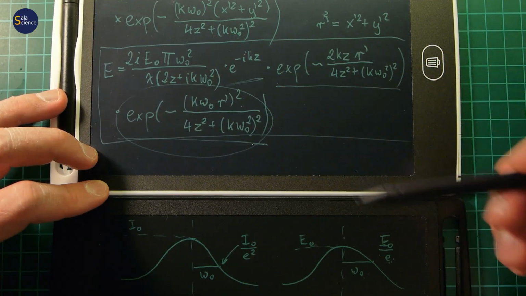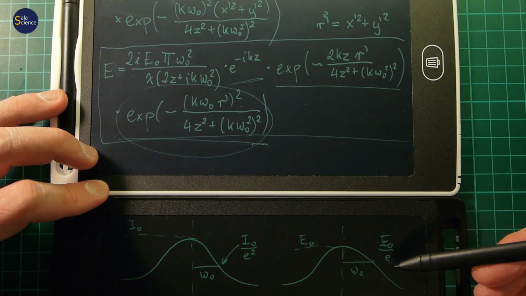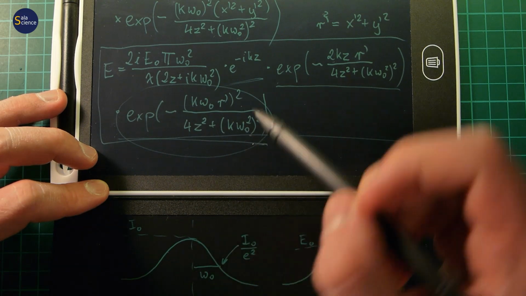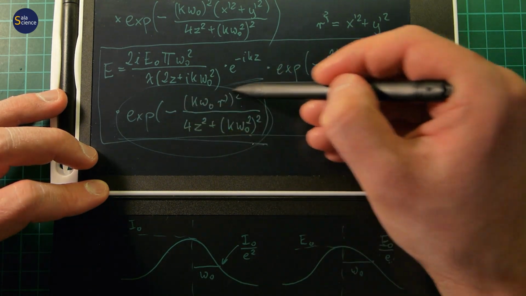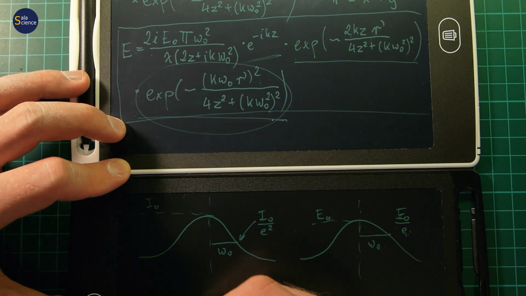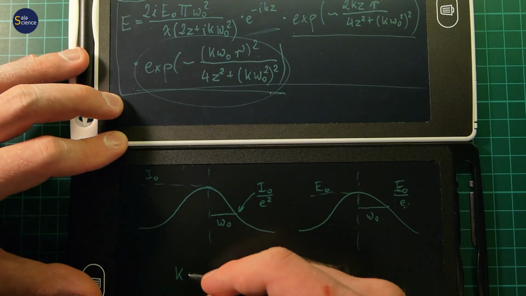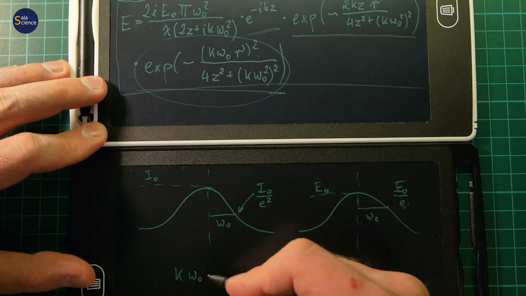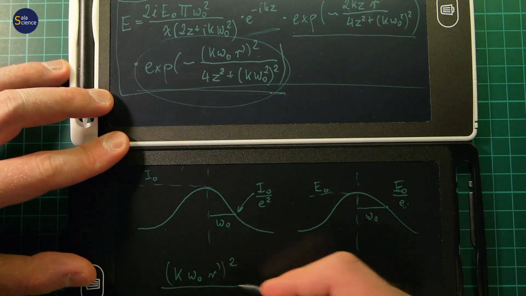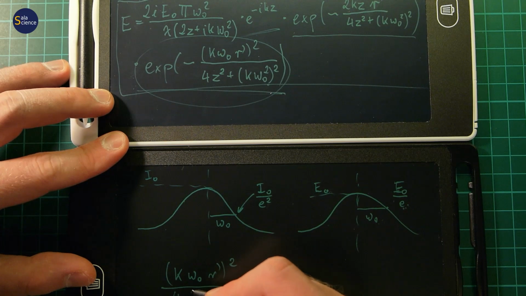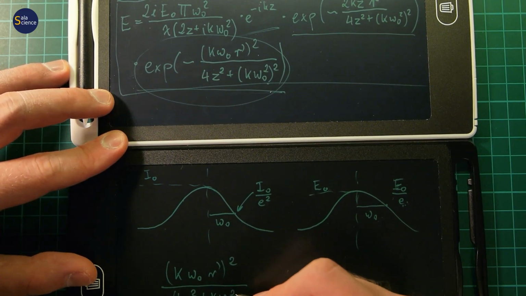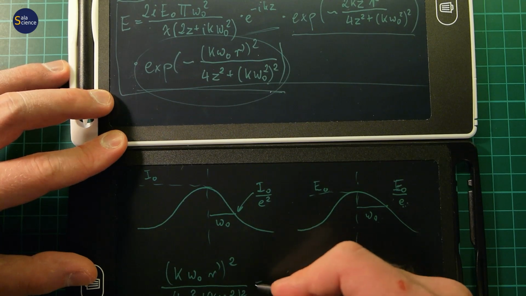Now we derive the electric field, so w naught is for E naught over e. If you want the electric field to drop e times, then it means its exponent must be minus 1. So this term must be equal to 1. So k w naught r prime squared over 4z squared plus k w naught squared must be equal to 1.